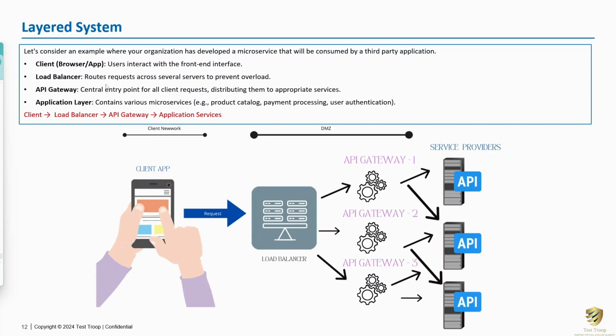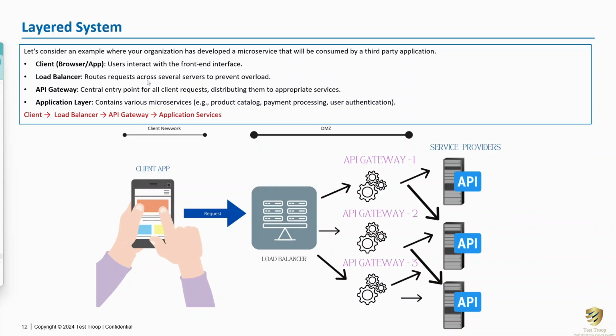The API gateway is a central entry point for all the client requests, distributing them to the appropriate service. Once the load balancer distributes the load to an API gateway server, the API gateway server in turn points to the particular service within the bunch of servers. Then you have an application service, which is where your web services are hosted.